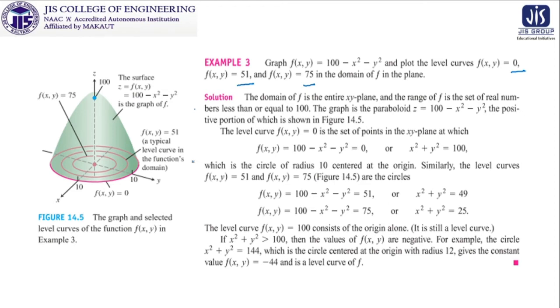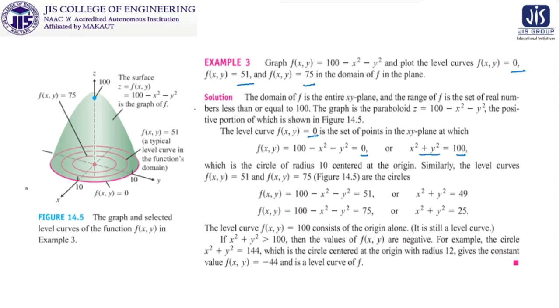The visualization point of view is nothing but this is the shape or the surface of z equal to 100 minus x square minus y square. Now if you think that f(x,y) equal to 0, what is the scenario? If you make it equal to 0, you will get x square plus y square equal to 100. It is nothing but a circle of radius 10, keeping its center at origin.